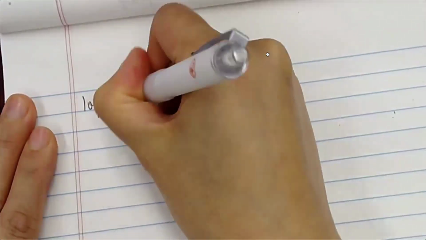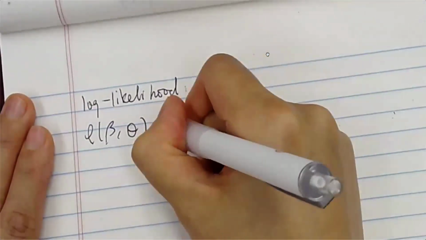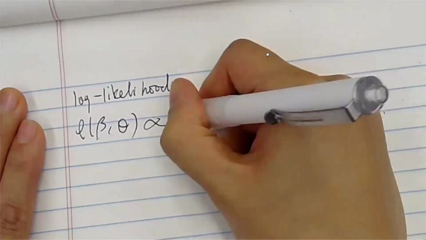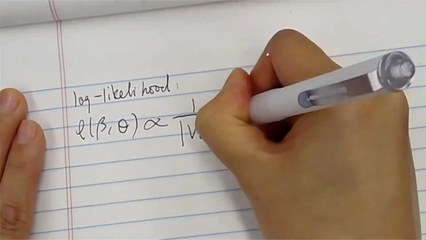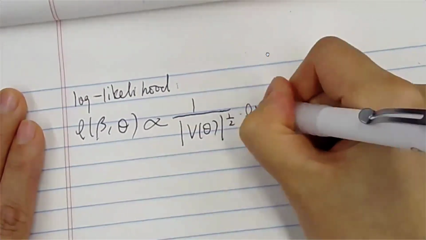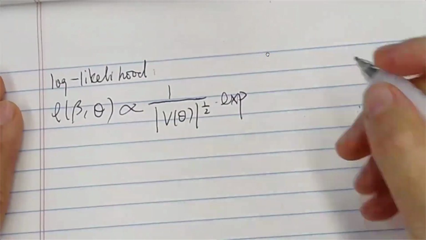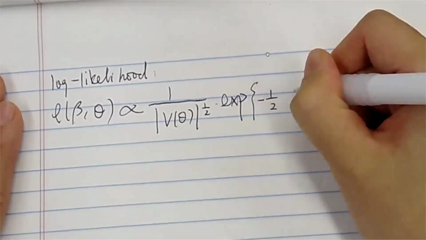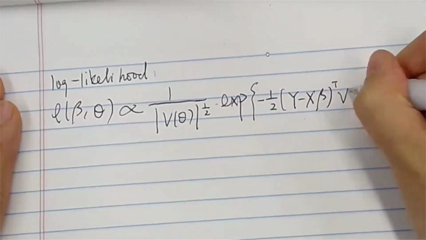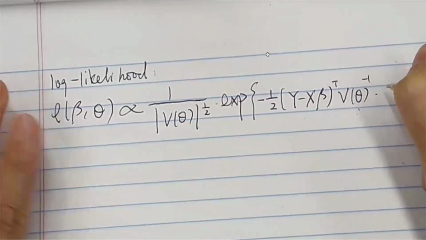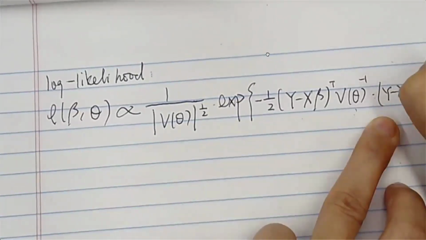Then the likelihood L of beta and theta would be proportional to 1 over the square root of the determinant of the V matrix, times exponential of negative 1/2 (y minus x beta) transpose V theta inverse (y minus x beta).